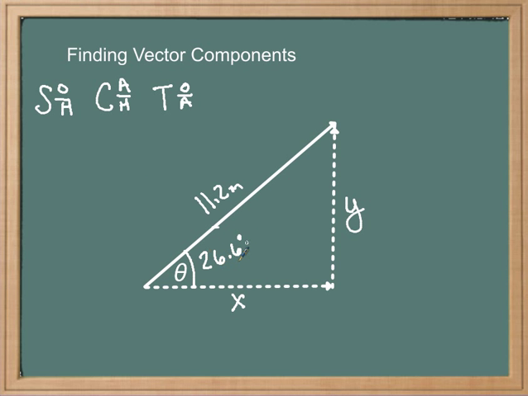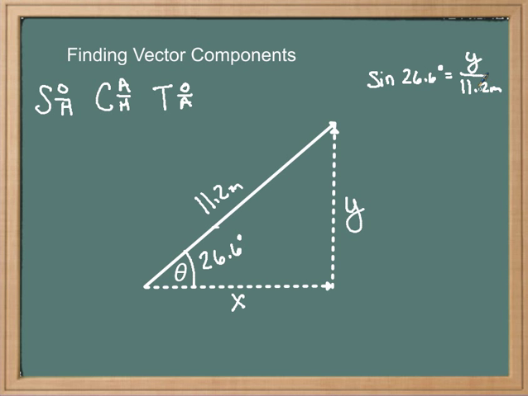In this case here, with this 26.6, the x is the one that's touching this angle, which makes this length my adjacent side. So to solve for y, I'm going to say that the sine of 26.6 degrees is equal to my opposite side, which is side y, divided by 11.2 meters. Now to solve for y, I have y divided by something is equal to something else.